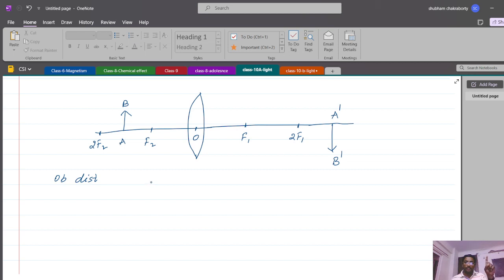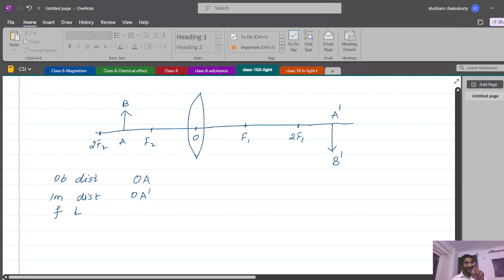Remember first law, all measurements have to start from pole or optical center. In case of lenses, it's optical center. So object distance is OA. Image distance, OA dash.